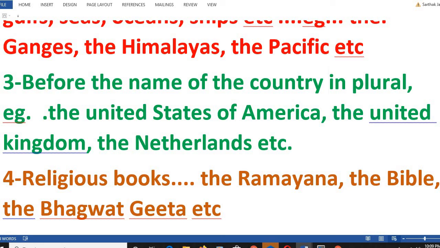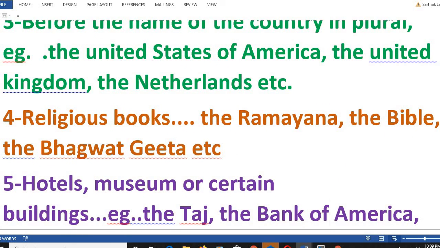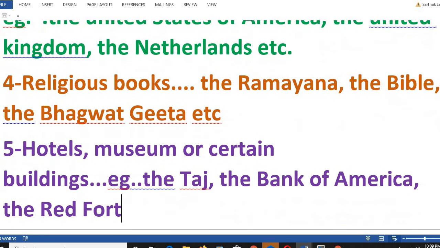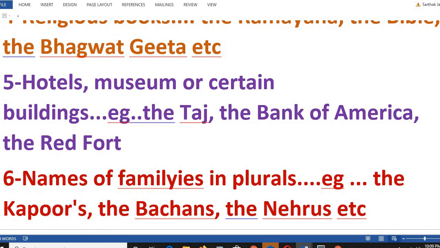For example, the United States of America, the United Kingdom, the Netherlands. For the religious books, the Ramayana, the Bible, the Bhagavad Gita. For hotels, museums, certain buildings, for example, the Taj, the Bank of America, the Red Fort.